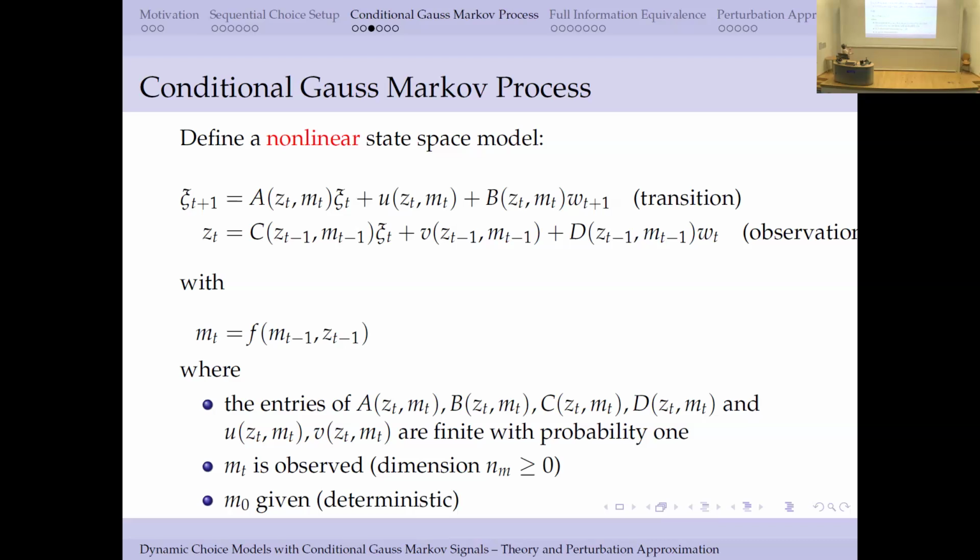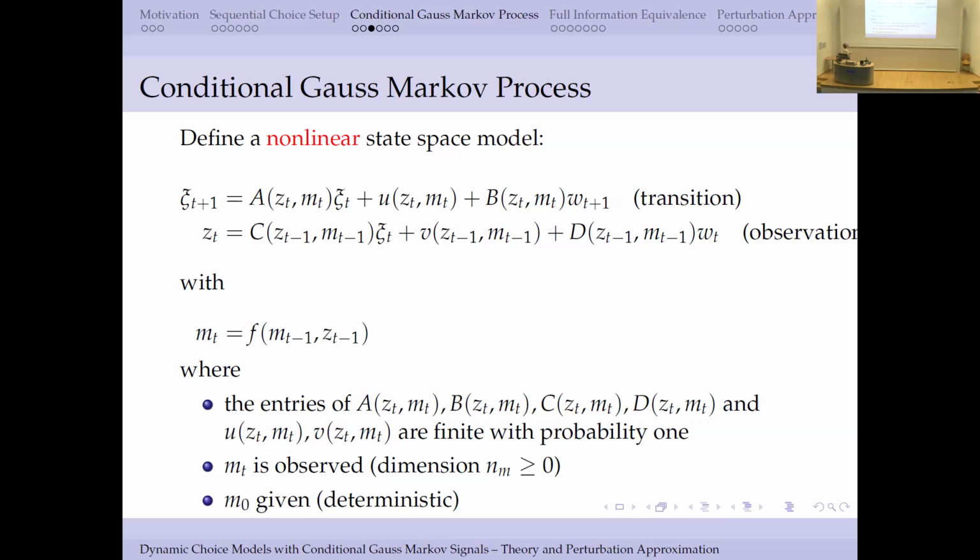So bottom line, A, B, C, D is still the representation, but now ABCD and U and V as well are random matrices that depend in a particular way on the past observations. They depend on Z and on one other statistic, M, that has itself this Markovian structure. It's only a function of itself and Z_{t-1}.